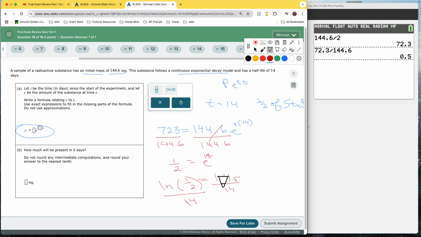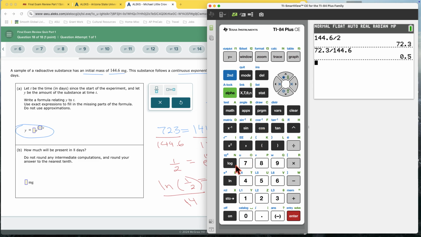So yeah, you could remember that, sure. Maybe. There's a lot to remember, but this is kind of a formula. r is going to be this, the natural log of 1/2 divided by 14. This is going to give us our rate.